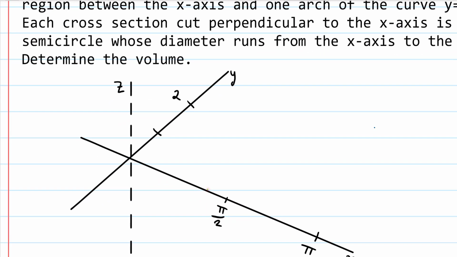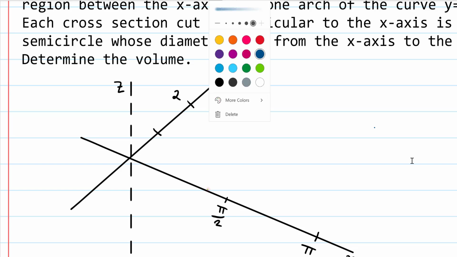Keep in mind that our x-axis is going to run this way, our y-axis is going to run this way, and our z-axis is going to run perpendicular to that.